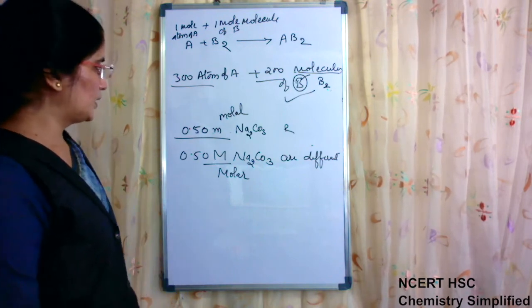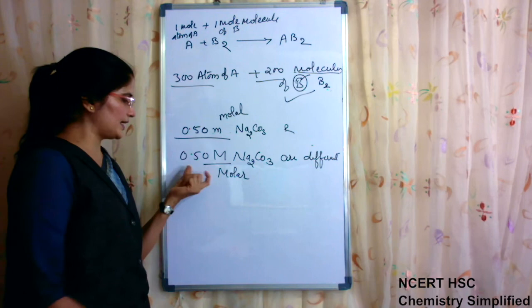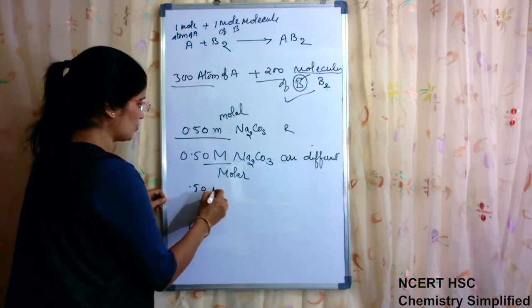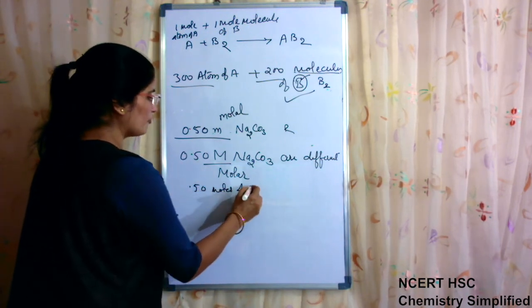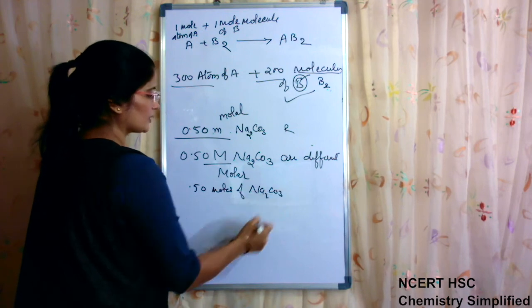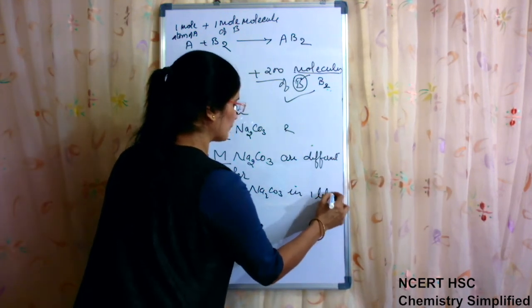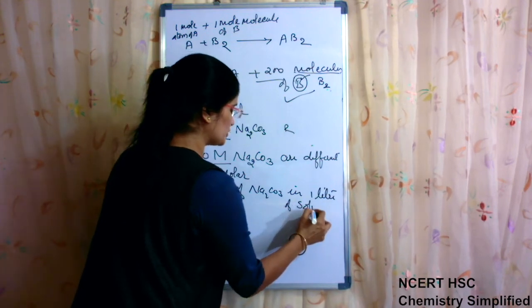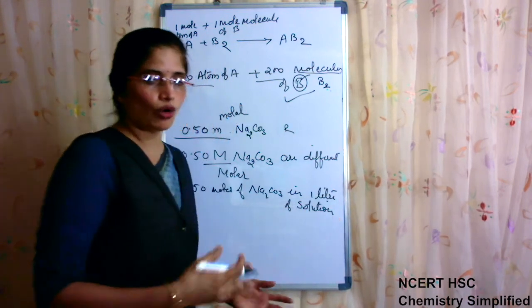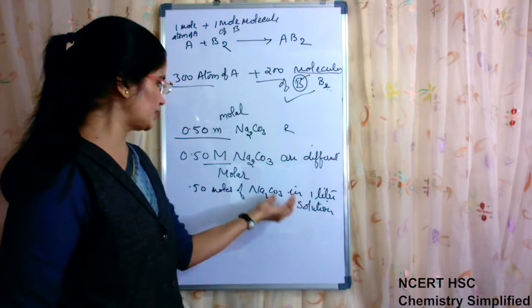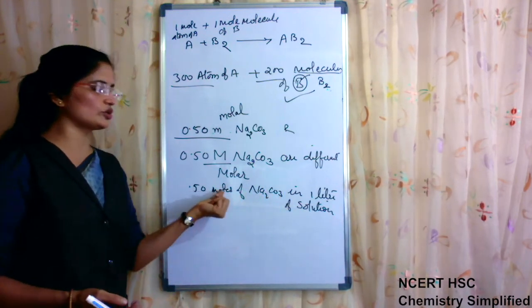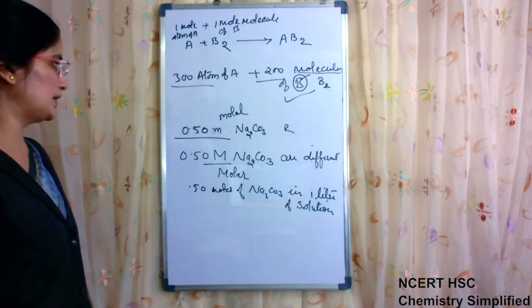Why are they different? Because in the molar case, 0.50 moles of Na2CO3 are dissolved in 1 liter of solution. That means the complete volume of the solution is 1 liter after dissolving 0.50 moles of sodium carbonate.